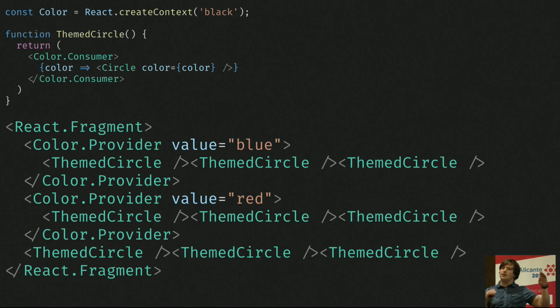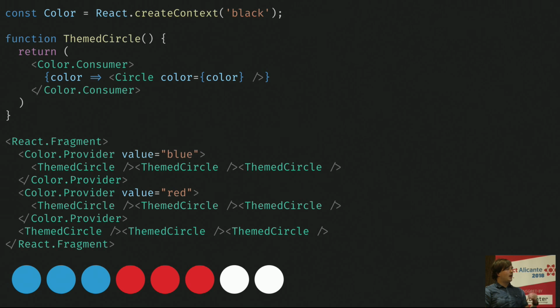There can be any number of components in between, and that state will always make its way from the provider to the consumer. And this will render, oh, we're missing one circle off the end, I'm sorry. There should be 3 white circles on the end as well. But it'll render as a set of blue circles, red circles, and white circles for each of the different contexts.